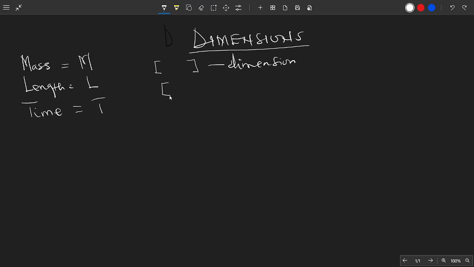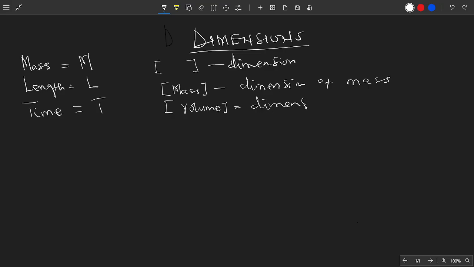So if I write mass in a square bracket, it means the dimension of mass. In the same way, if I write volume in a square bracket, this is the same as the dimension of volume.